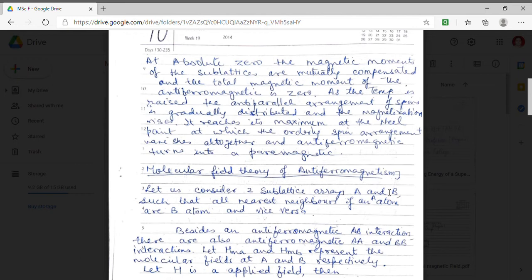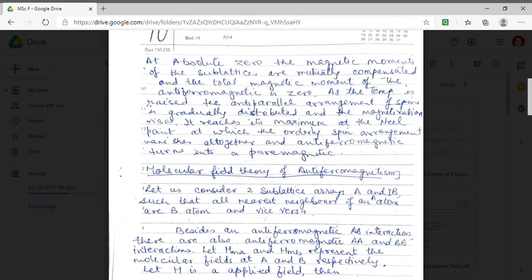There will be three types of interaction: AB interaction, the interaction of spins in A sublattice with the spins in B sublattice, and also AA and BB interaction.